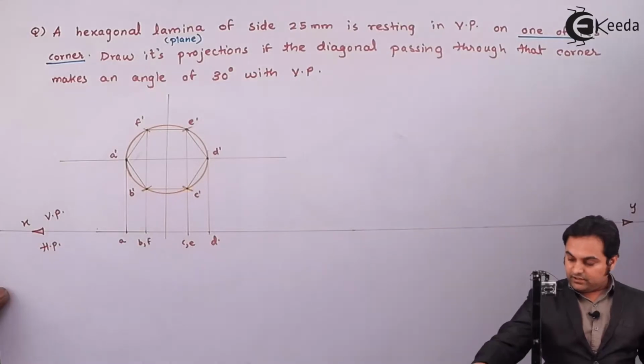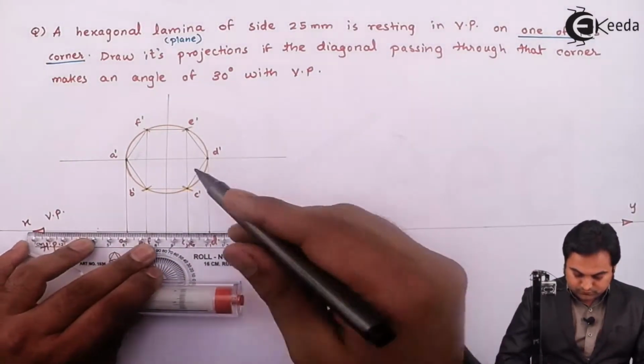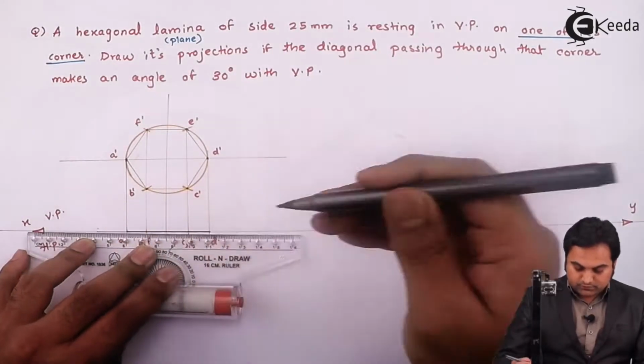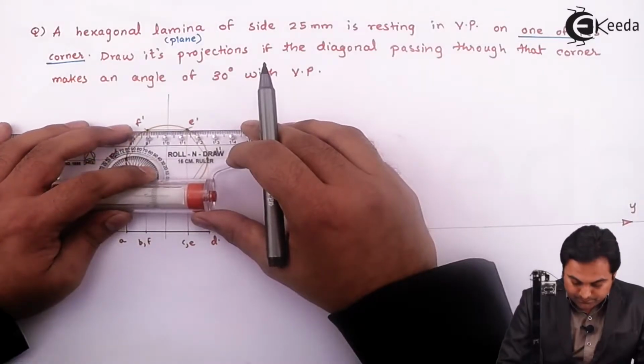Next I'll make it dark. And making this hexagonal plane also dark in the front view.